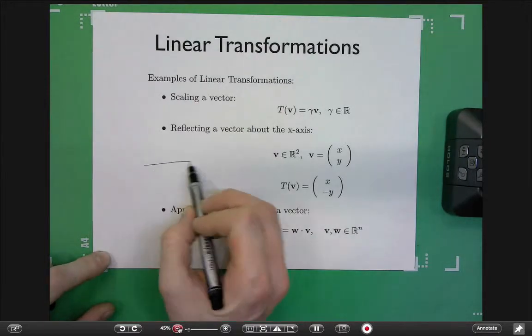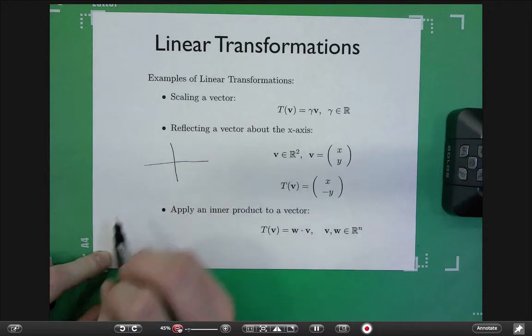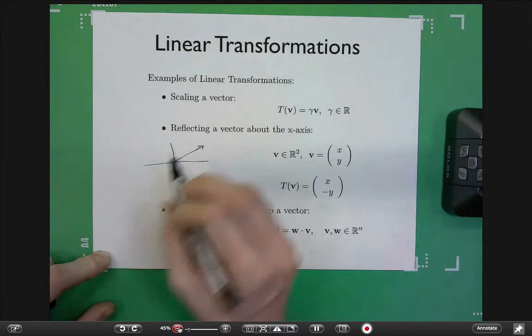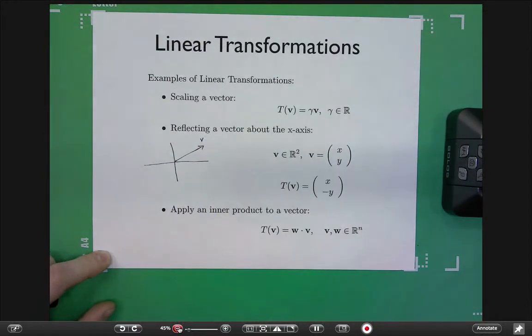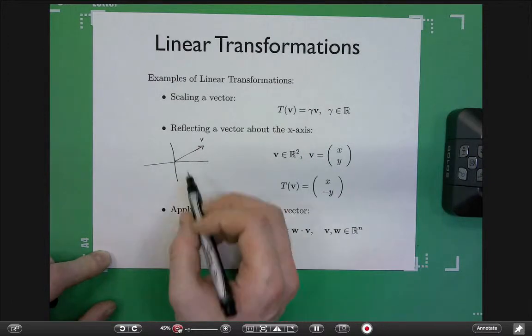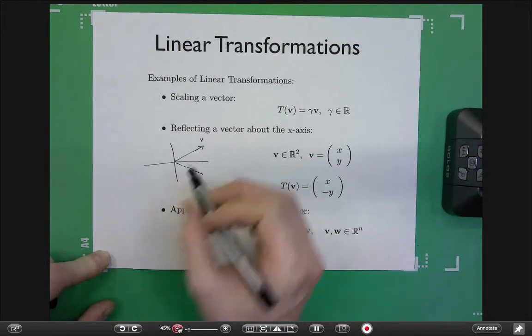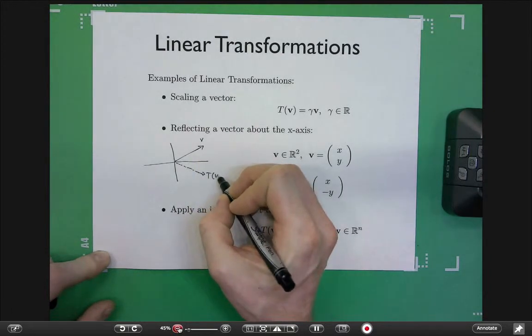So let me give you a geometric picture of the reflection. If I have a vector V, this is my vector V, what would be the reflection of V? Think about it for a second, and then I will draw it. It's easier to draw than to say. So this would be my T(V), right? This would be the reflection.